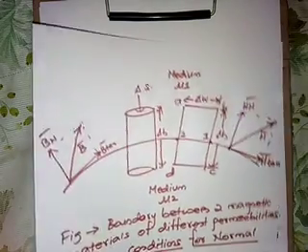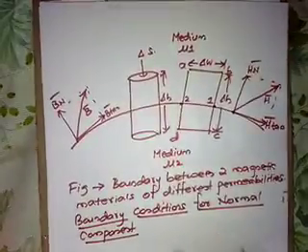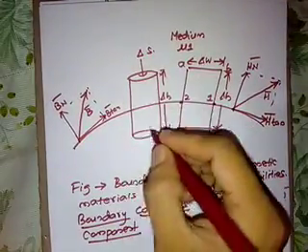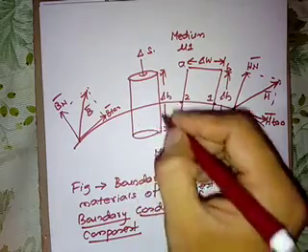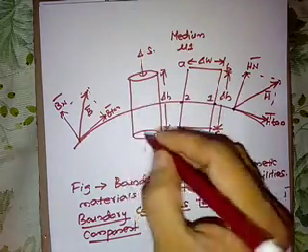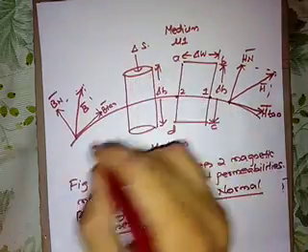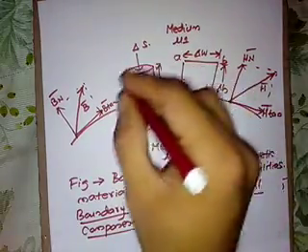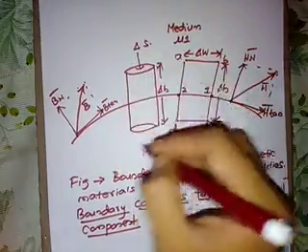To find the normal component of B bar, we will be considering the Gaussian surface which obeys Gauss law, that is the cylinder. So this cylinder we will be considering to find the boundary condition for the normal component of B at the boundary, which is the Gaussian surface.